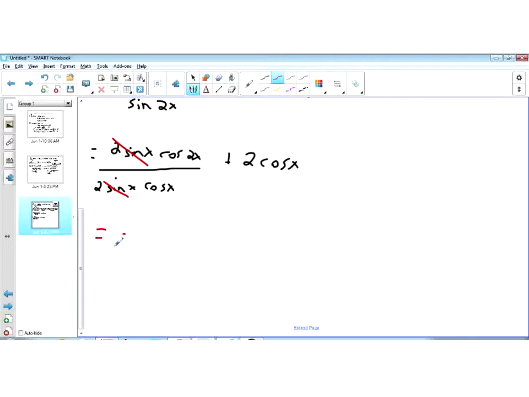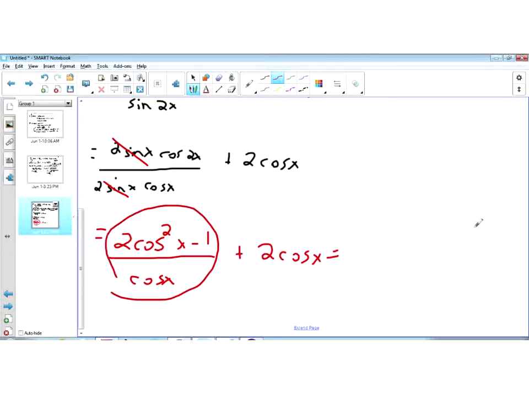So this becomes 2 cosine squared x minus 1 over cosine x, plus 2 cosine x, and that would equal, splitting this term into 2 fractions and doing the division, 2 cosine x minus 1 over cosine x, plus 2 cosine x.